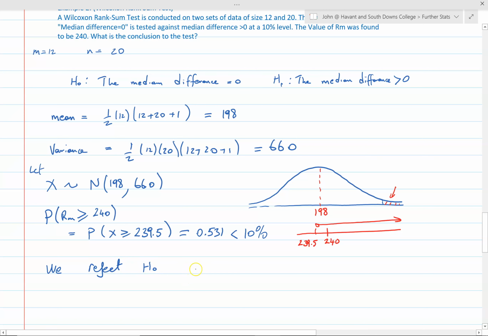There is sufficient evidence to suggest that there is an increase in the median between the two groups.